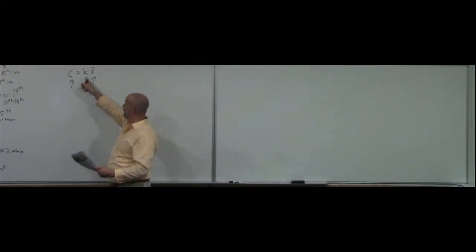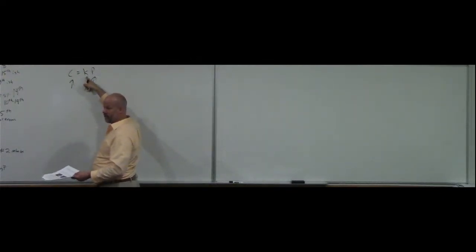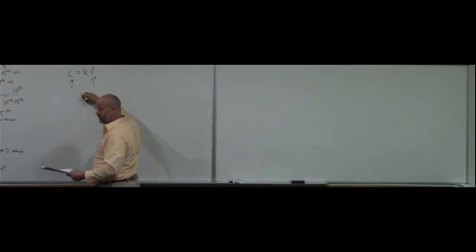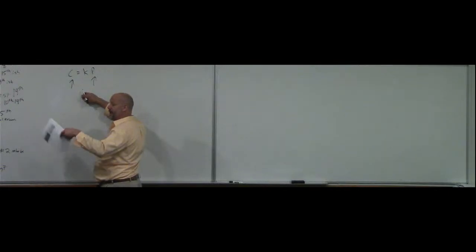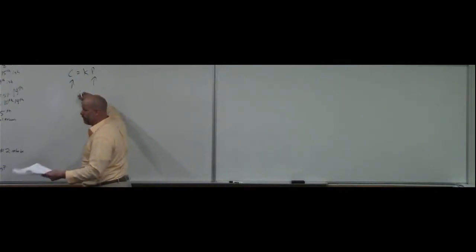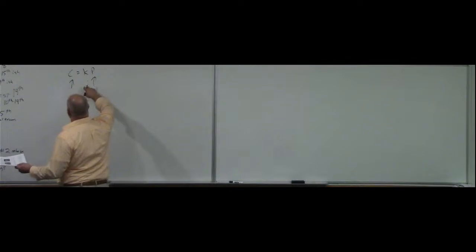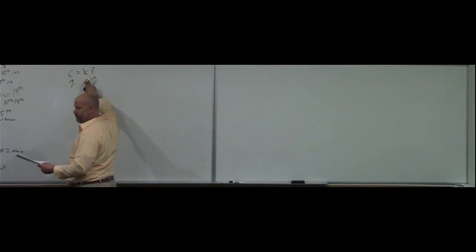I've got a proportionality constant here. This is not always true. There are some times when I'm dissolving a gas into a liquid to form a solution that the concentration outpaces the pressure.